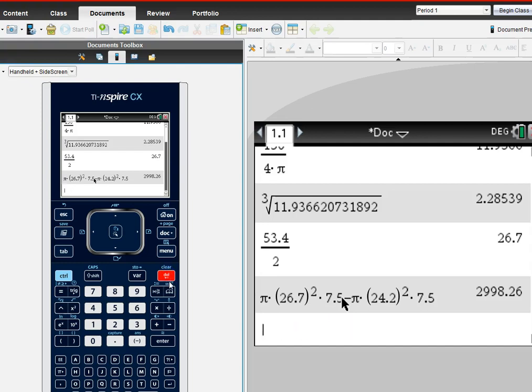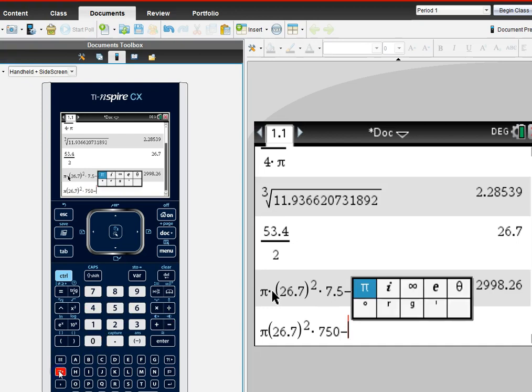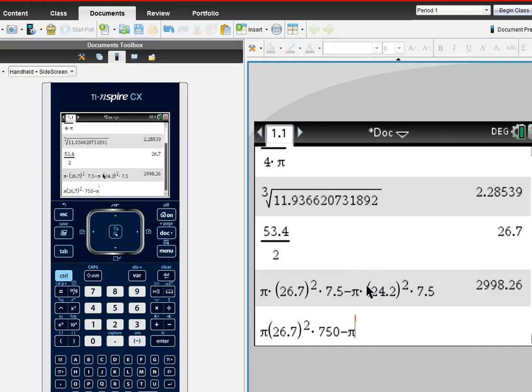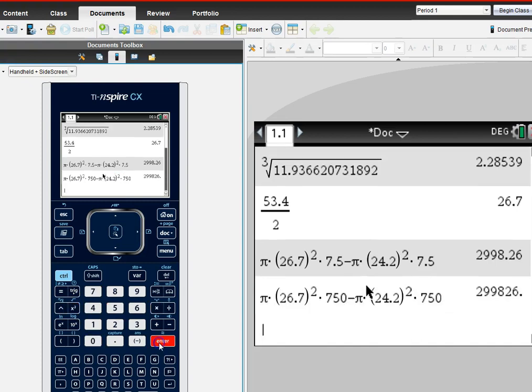Okay, so pi times 26.7 squared times 750 minus pi times 24.2 squared times 750.